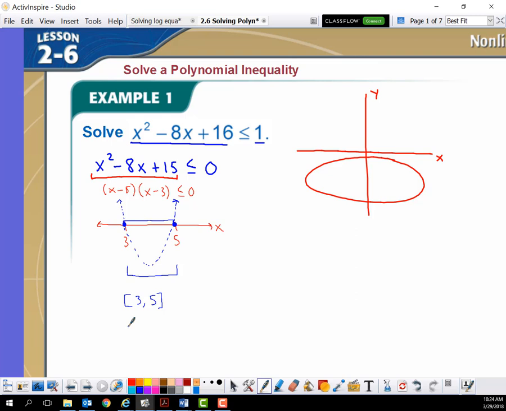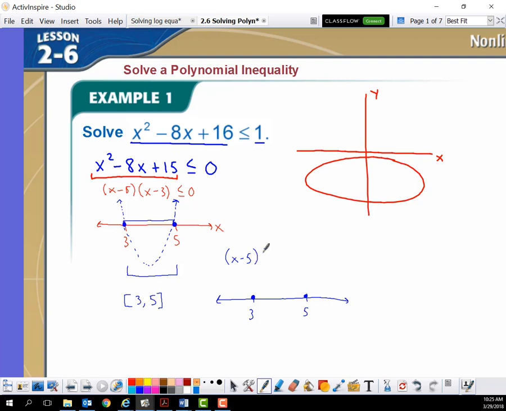Now some of you may be really confused by that whole graphing concept because you're like, Mr. Kozad, we're just talking about x values. Why are we graphing it and talking about y values? Well, another strategy for the same question is you could have gotten your x-intercepts the same way, closed circles, and you could make what's called a sign chart, which basically determines whether a section of this number line gives you positive values or negative values.